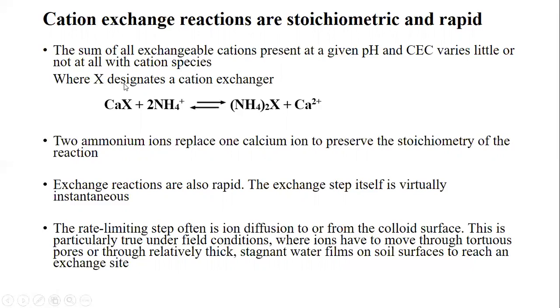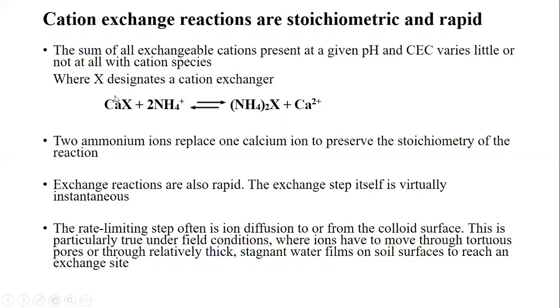So X, again, we call it cation exchanger or exchange complex. We called it before, it's the same. CAX, so in this case, remember, that has two charges, because calcium is neutralizing the charges on that. Calcium is divalent, plus 2 ammonium, so that we needed the 2 ammonium to take the place of calcium.